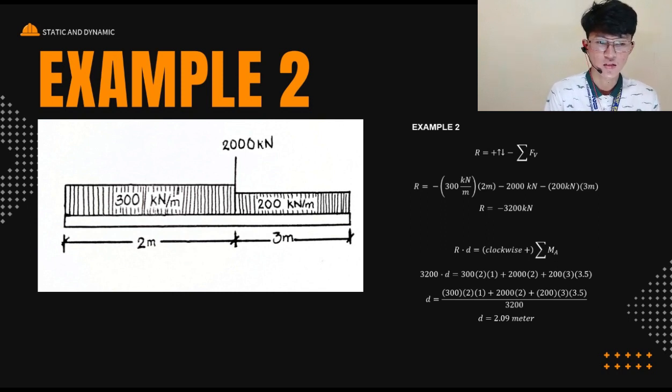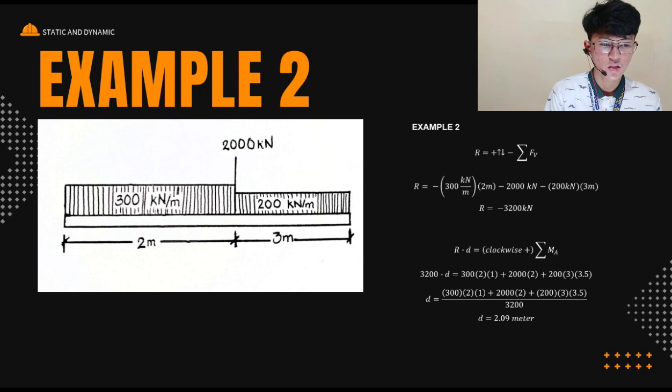Yun yung distance nila sa point A, plus 200 times 3 and then yung distance niya is 3.5. So, yun yung ating makukuha equation kapag ginamit natin yung formula na ito.